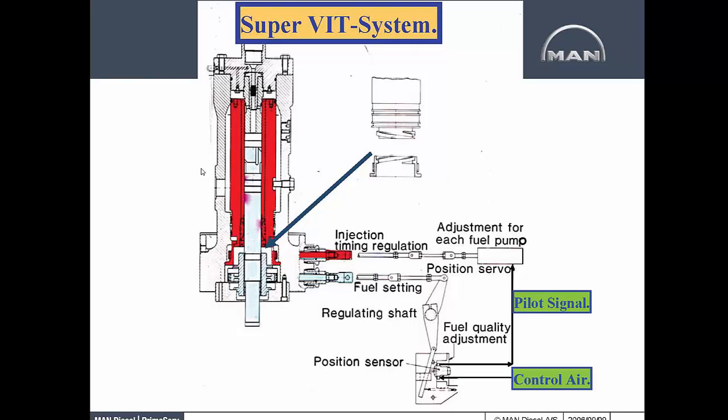And this is tied into the governor also. So that governor, not only fuel quality, but depending upon engine speed, as the governor increases fuel delivery, it will also adjust your injection timing, and we'll talk about why in just a second.